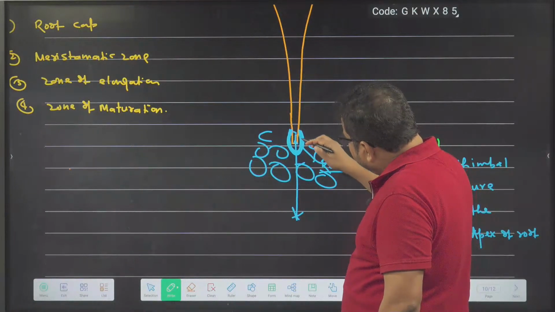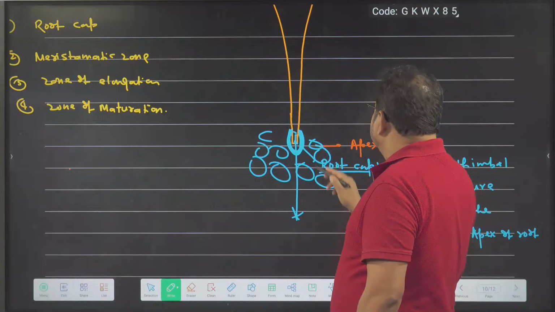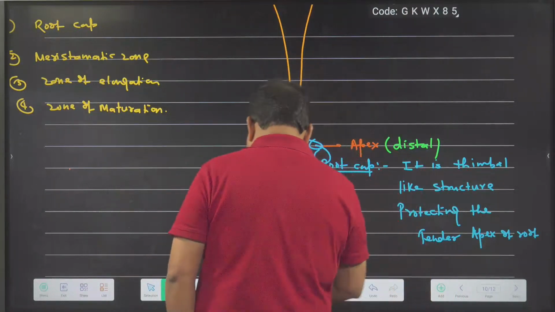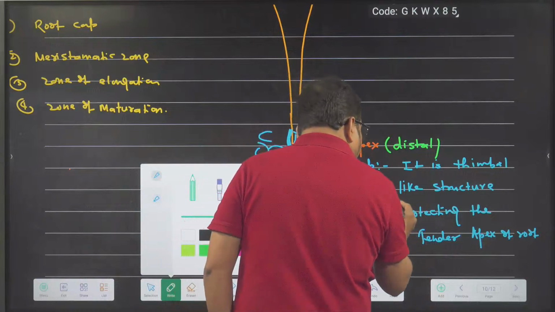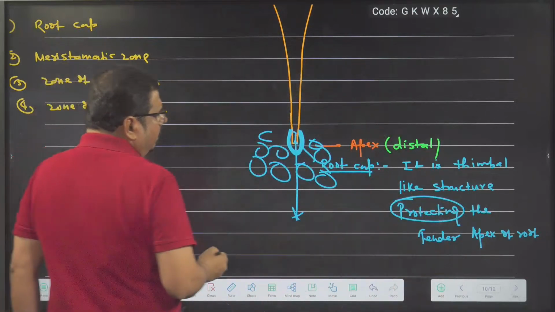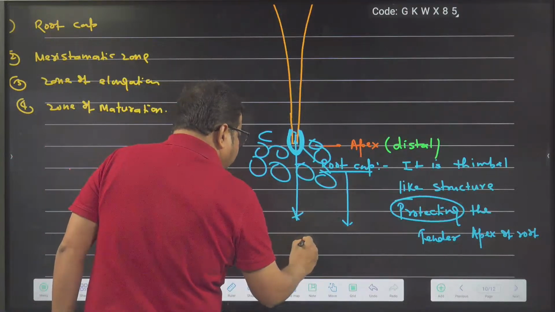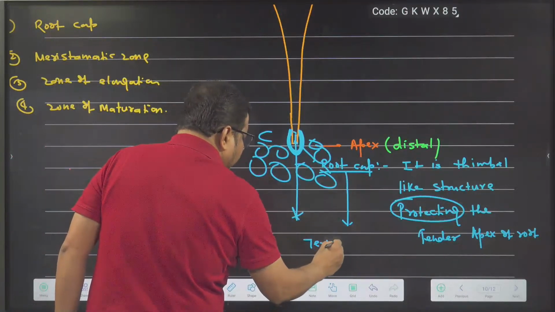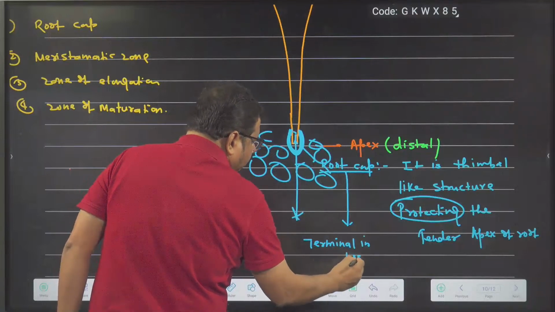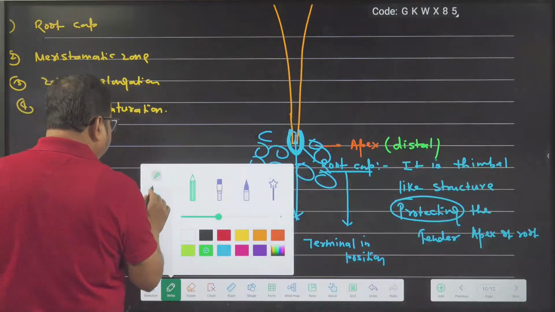It is usually parenchymatous, and this structure is called root cap, and the purpose of this root cap is protection. So it is protecting the tip. It is present in the terminal region. Root cap is terminal in position. Got the idea?